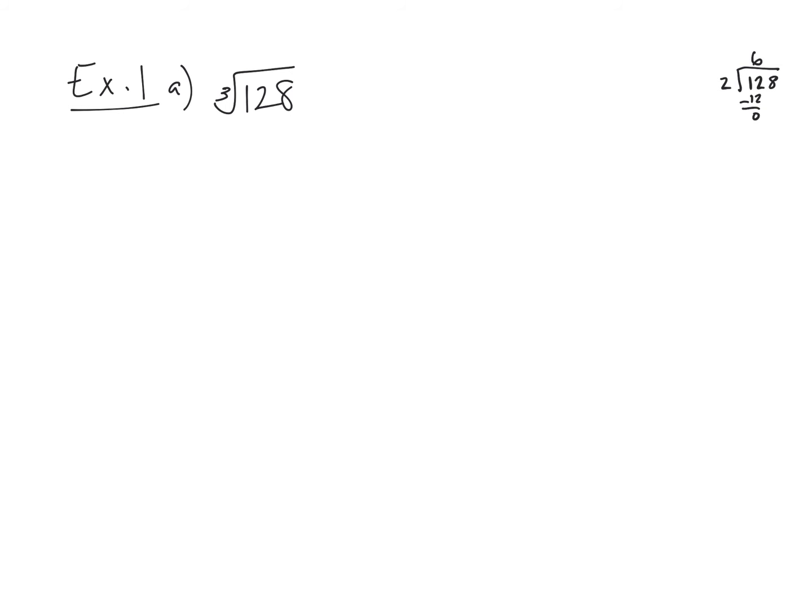And when I divide by 2, 2 goes into 12 6 times, 0 left. 2 goes into 8 4 times with none left. So 2 times 64 would then make 128.